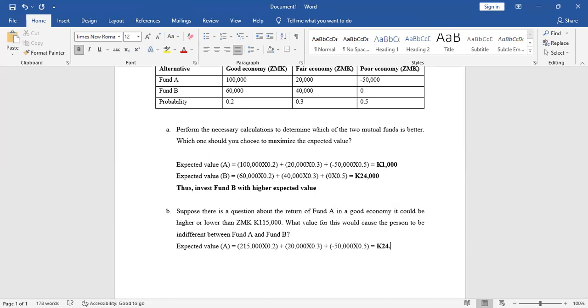So from here, I can tell which figure will make an investor indifferent. Of course, it's not a subtracting value, it's the additional value to 100, adding 115 to give us 215. Then we yield a 24,000 expected value, which is the same as that of Fund B. Therefore, we become indifferent.